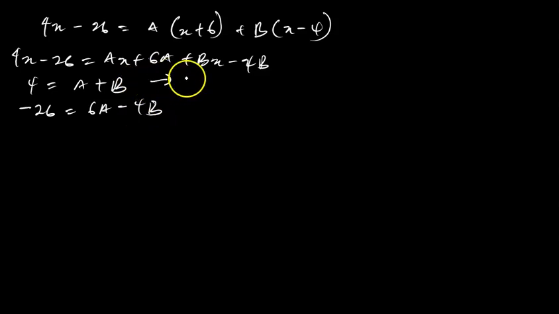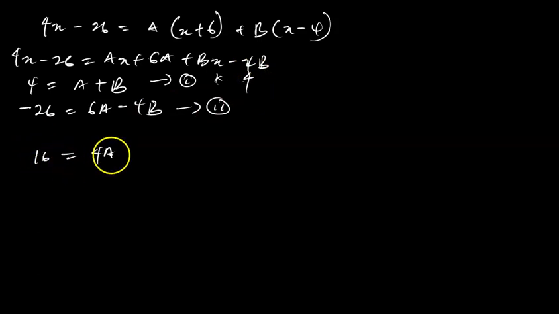Now let's call this our equation 1 and let's call this our equation 2. Now to solve this using the elimination method, let's multiply equation 1 by 4, so that I'm left with 4 times 4, that's 16, is equal to 4 times A, that's 4A plus 4B.